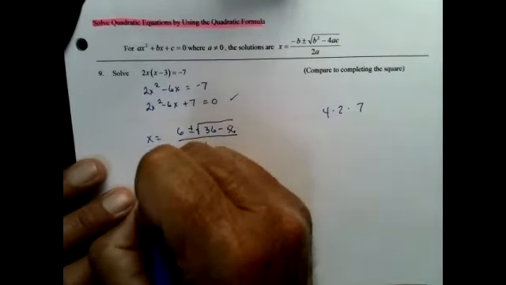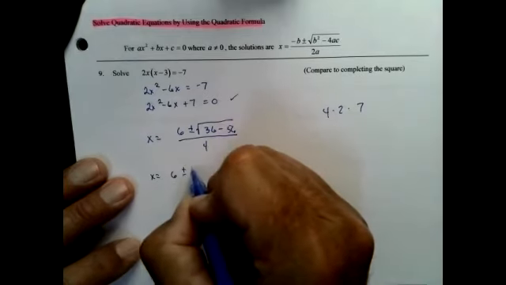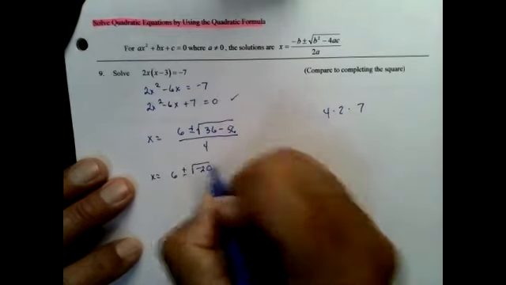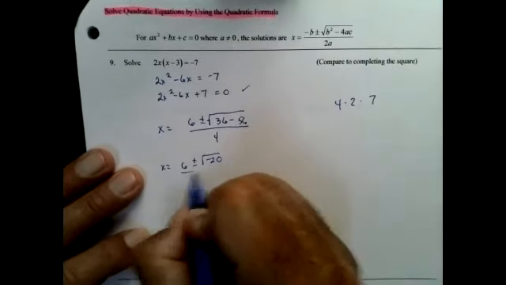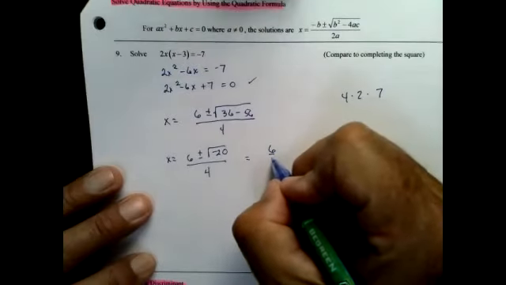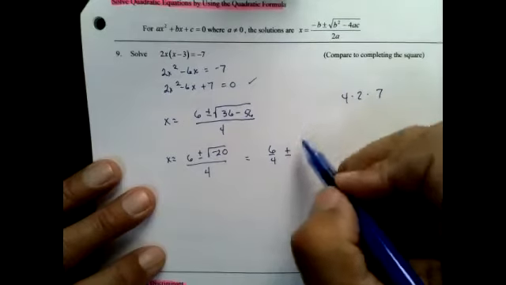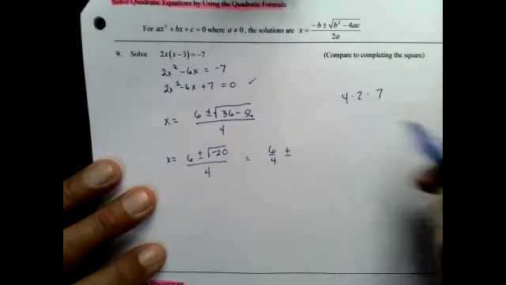Now I'm back to some of those simple things I did before, cleaning up. 6 plus or minus the square root of -20 over 4. That's going to give me 6 over 4 plus or minus the square root of -20.